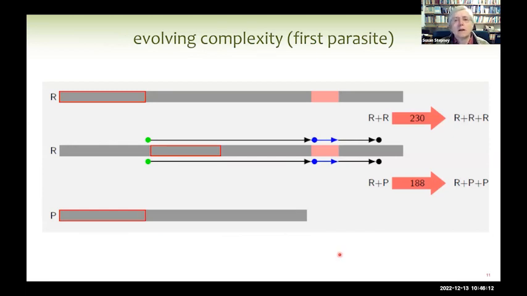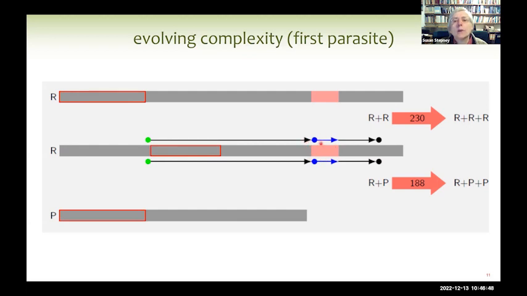So here's a little example of what happens, first of all, with the first parasite. The way to look at this is the string that is the replicator. If it binds to a copy of itself, another replicator, the binding region is this red box, they bind here, and then the instruction pointer along the top moves along until it gets to the actual code region, which by this stage is this pink area here.